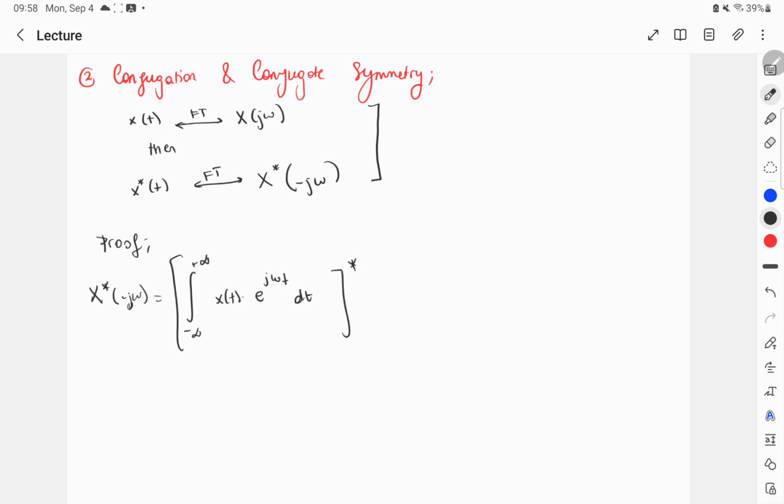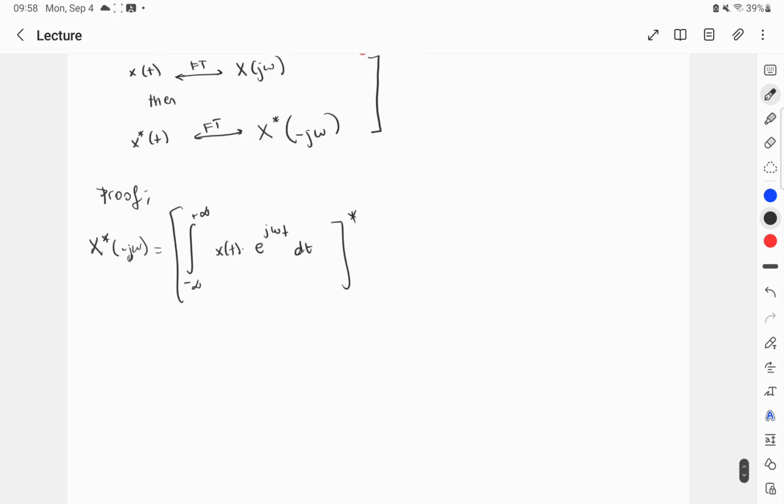Why is that so? Because we actually knew that our previous formula was this. So if we are going to write minus in here, we multiply minus with minus, and we get plus in here. That is the reason why.